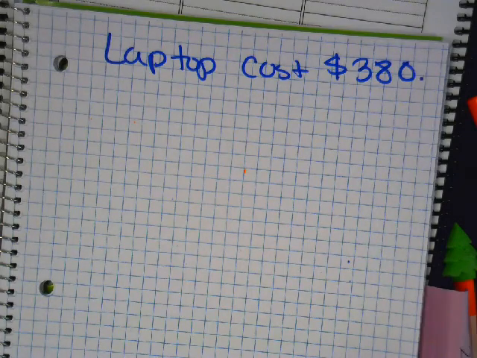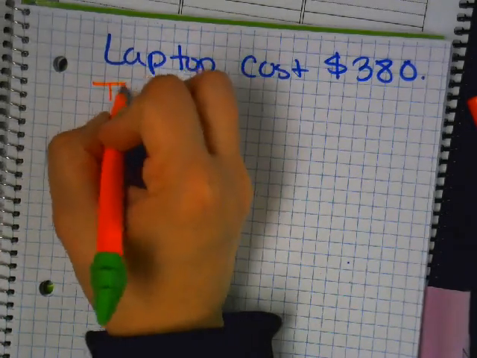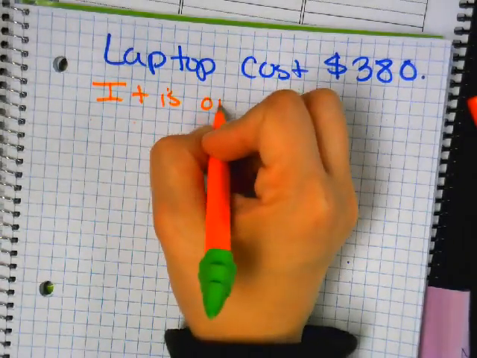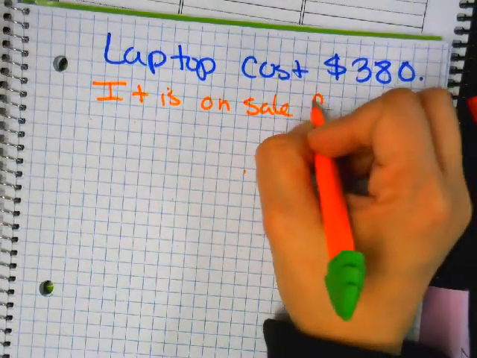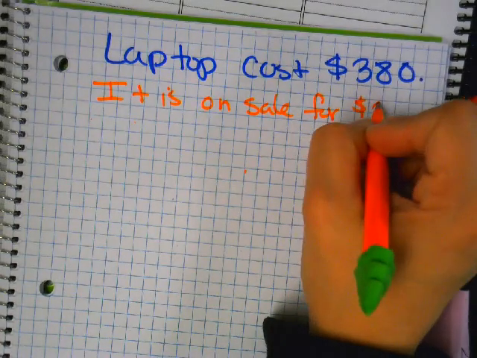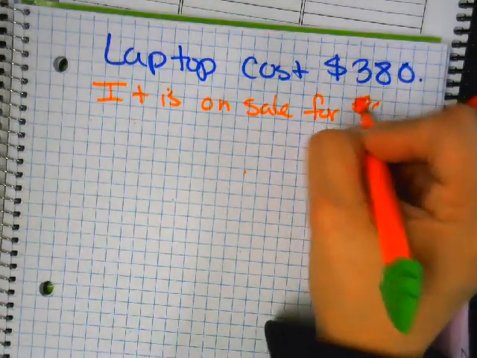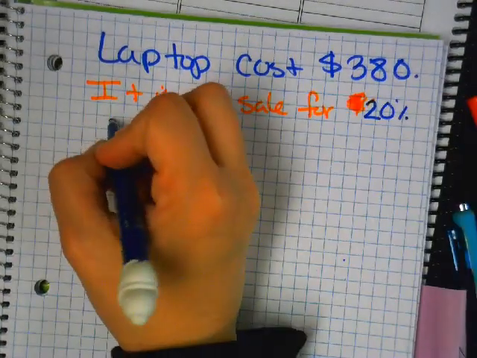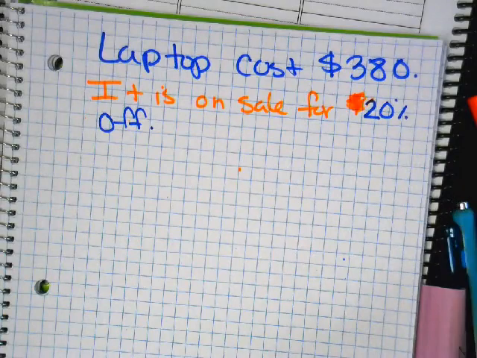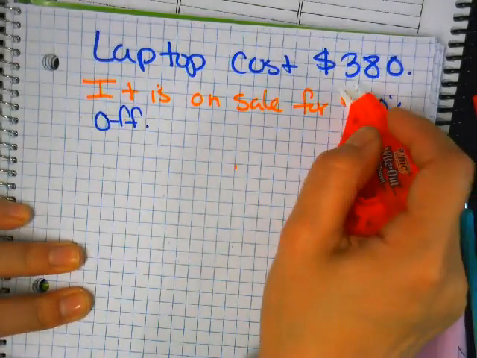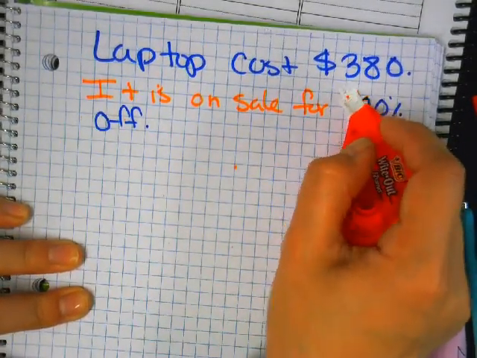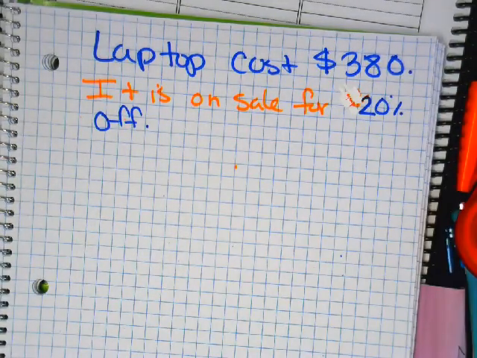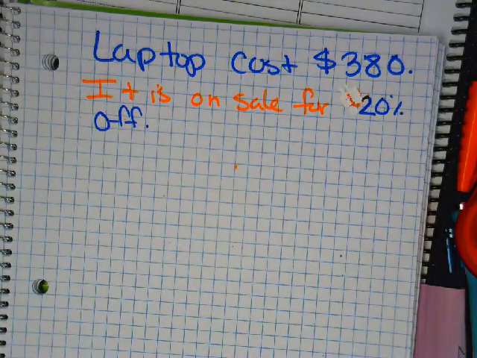But because it's a holiday season, it is on sale for 20% off. We'll take it. So this laptop right now costs $380. But because it's almost Christmas, they're going to give us 20% off.